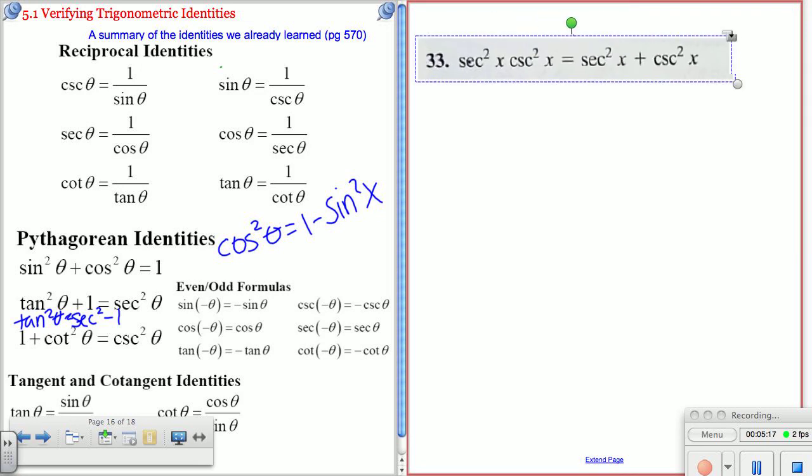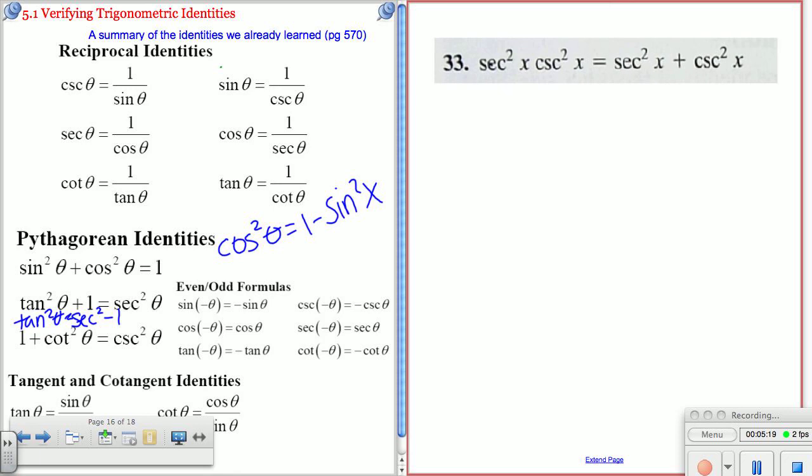33. Secant squared x times cosecant squared x equals secant squared x plus cosecant squared x. Let's start with the right side. And let's see here.